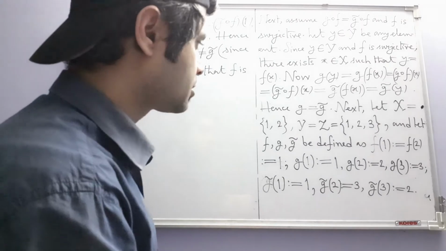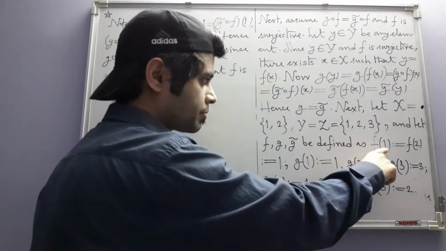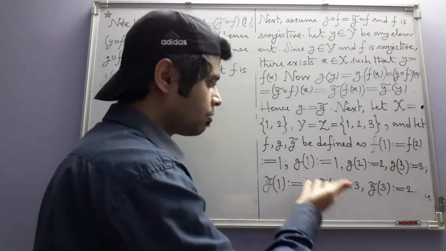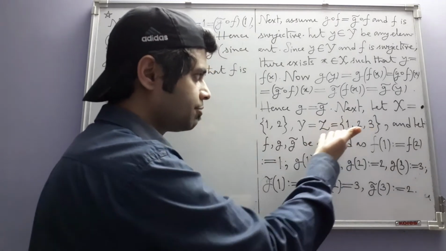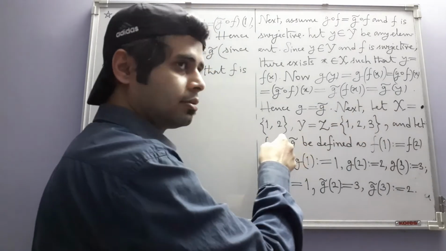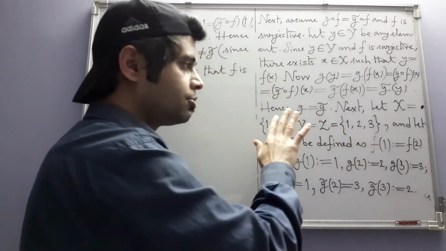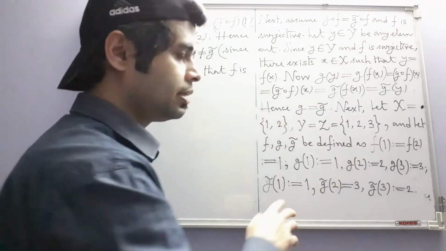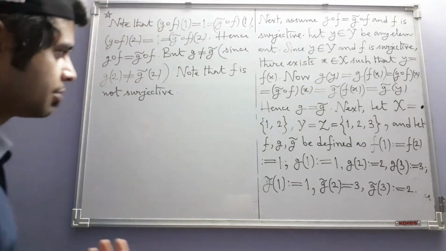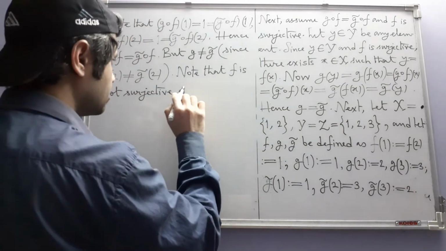Why is f not surjective? Because the only value of f is 1. F is a function from x into y, right? So only 1 is associated to something in x. 2 and 3 are left alone. So that's why f is not surjective.